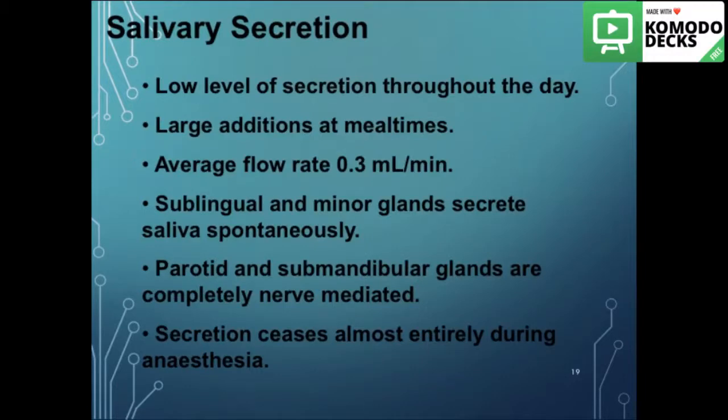The salivary secretions, normally we have low level throughout the day and increased throughout the night. Large additions at the meal times, because we said it helps swallowing and mastication and taste. The average flow is 0.3 milliliter per minute.